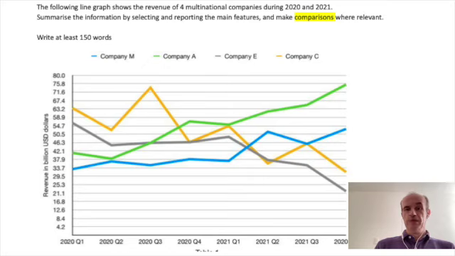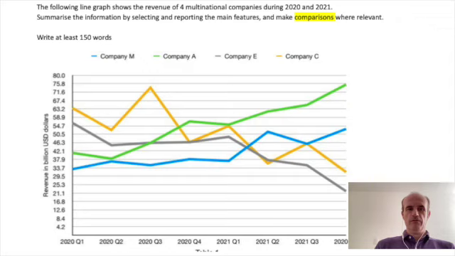In our situation, 2 of them are going up and 2 of them are going down. And what's also very important, remember, one element of the task asks for comparisons, and here I have the perfect opportunity to do just that.